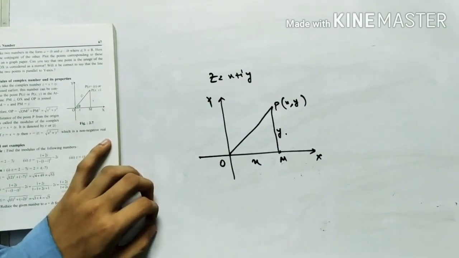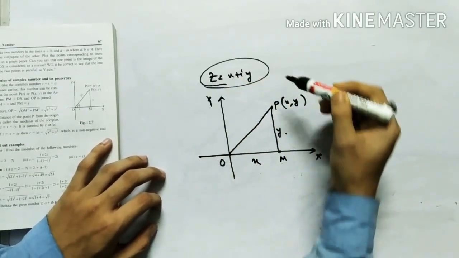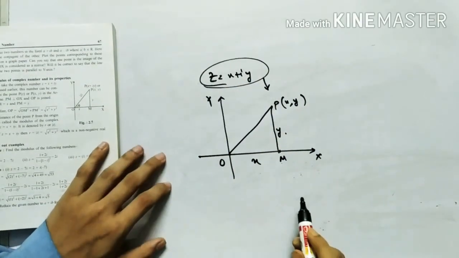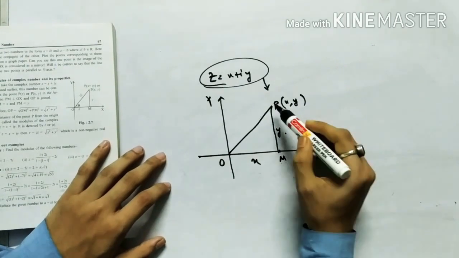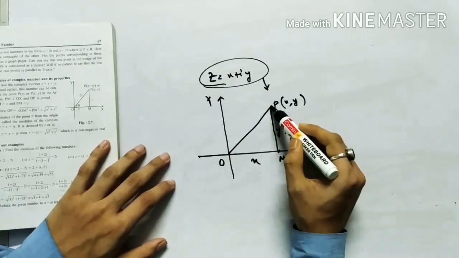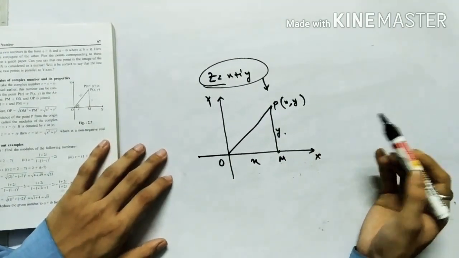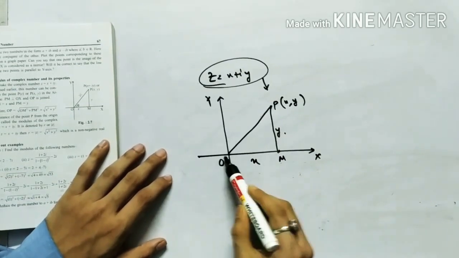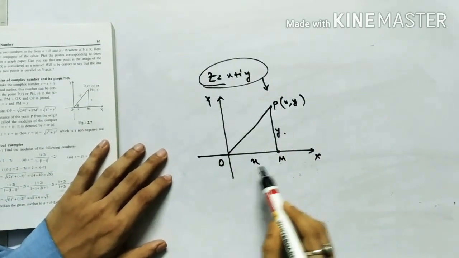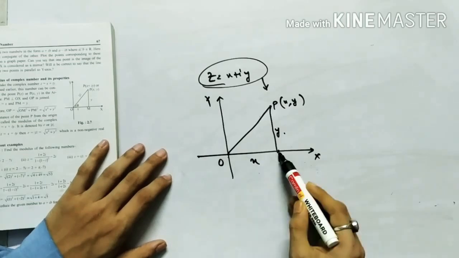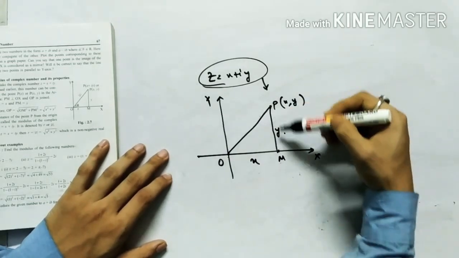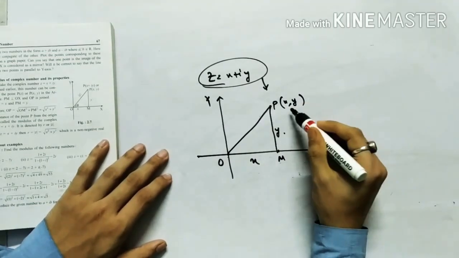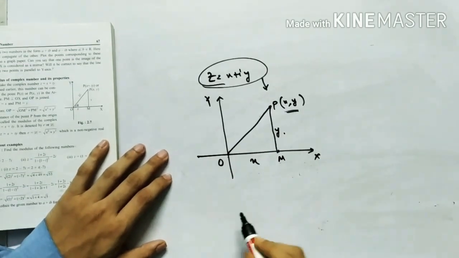This means I am representing this complex number on a complex plane. Let's say this complex number represents this point. So this is x units in the x-axis and y units in the y-axis. This is the coordinate of this point, x comma y.